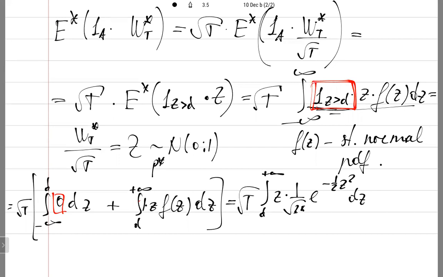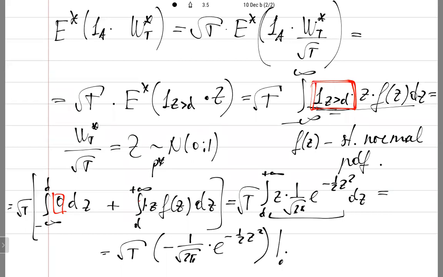But this integral can easily be computed. I just see that this is the function minus 1 over square root of 2 pi exponent minus 1 over 2 Z squared, from d to plus infinity.